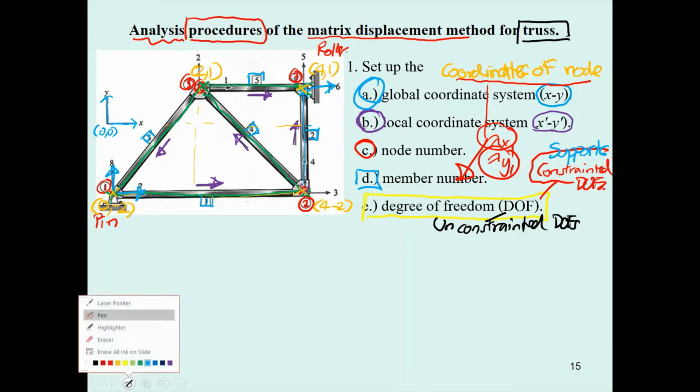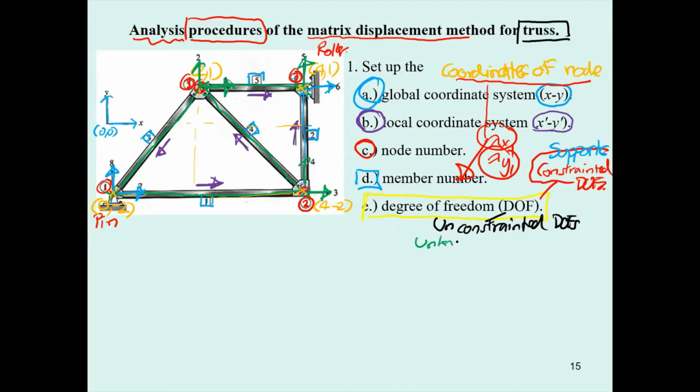The unconstrained degrees of freedom are going to be this one, this one, this one, this one, and this one. This is going to provide you the unknown degrees of freedom. This is going to provide you the known degrees of freedom.